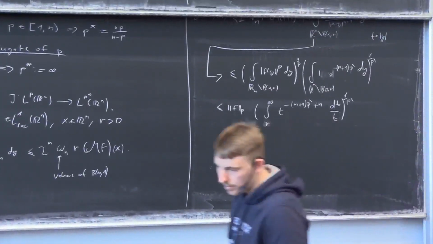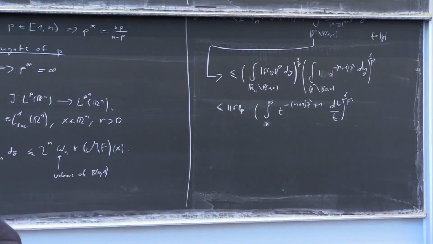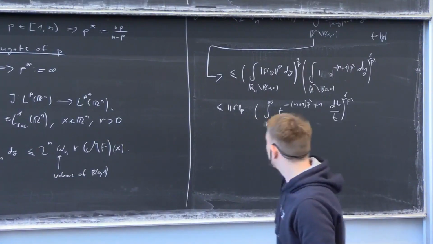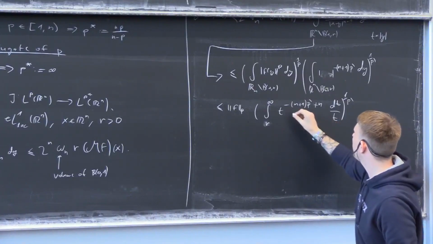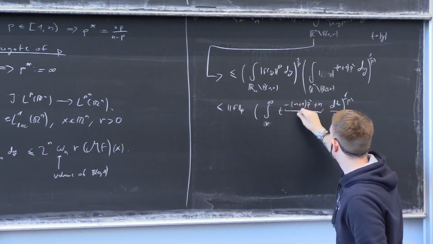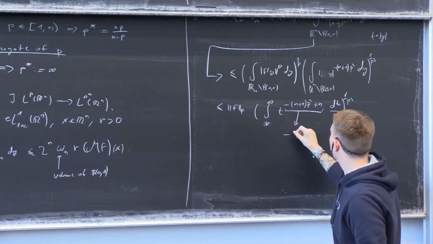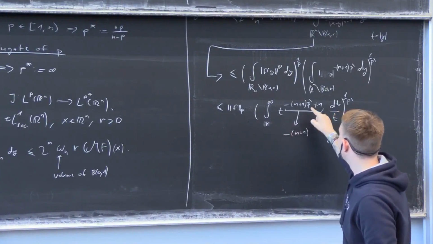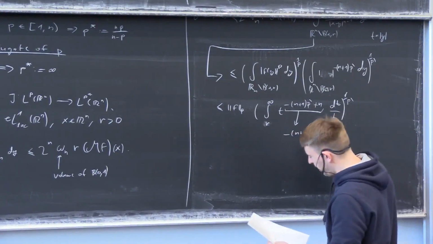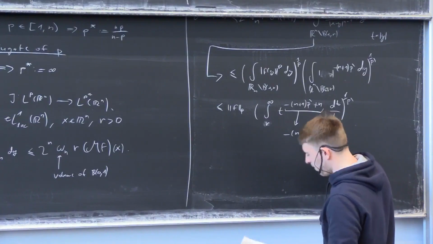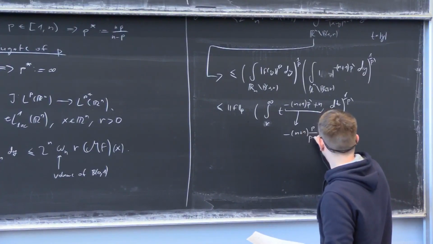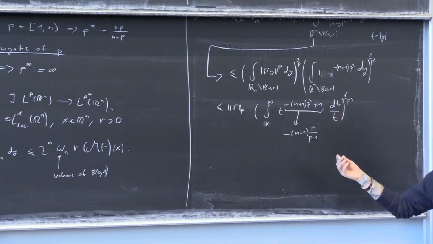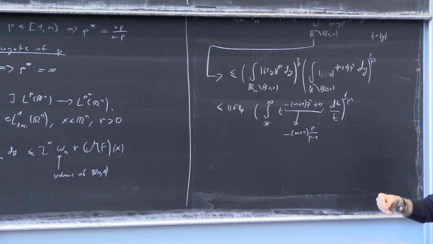Okay, so how did I want to calculate this? We investigate this number here, and I write minus (n plus 1), and this p prime I want to write as p over p minus 1. That's correct, right? I'm really good at writing stuff in 1 over p notation, but not the actual number.